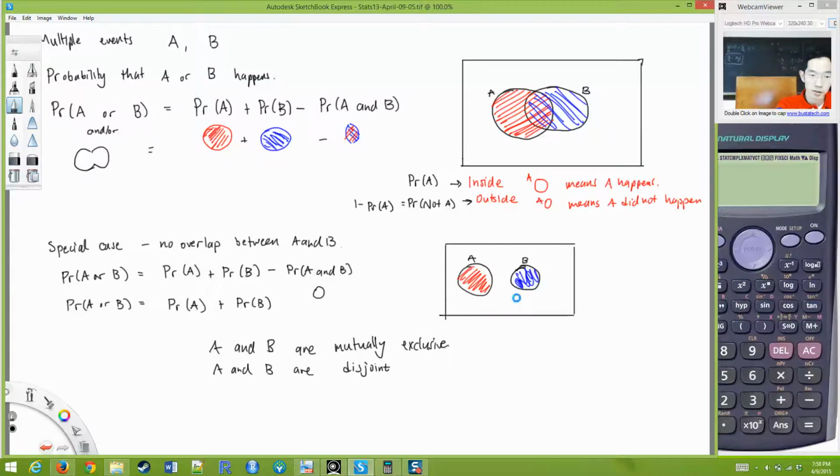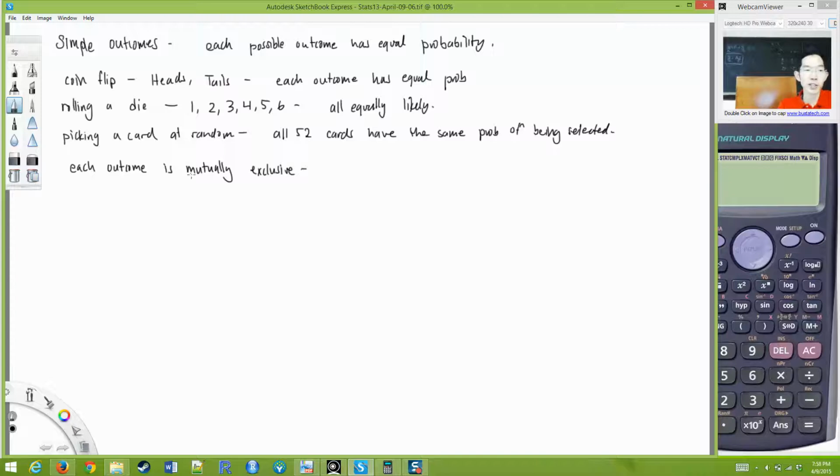So with simple outcomes, each outcome is mutually exclusive or disjoint. You just take on one of the outcomes and none of the others. And all of the outcomes add up to 1, right? And all outcomes add to 1.